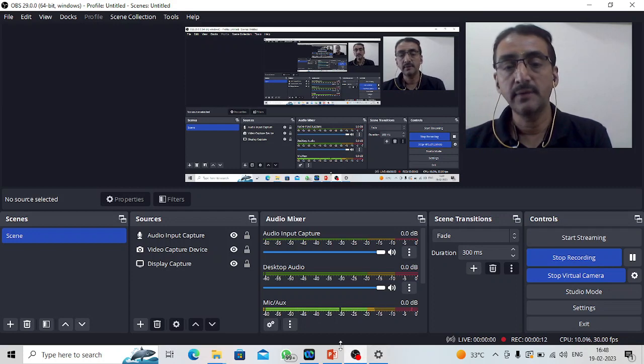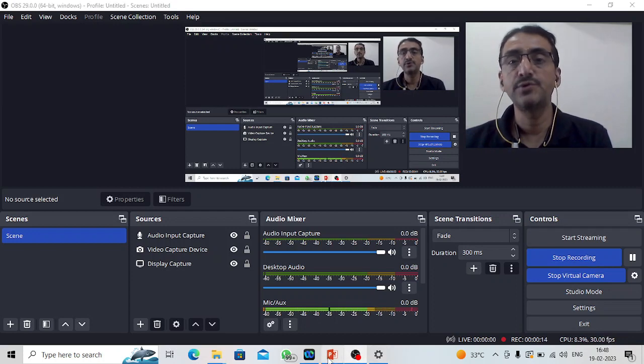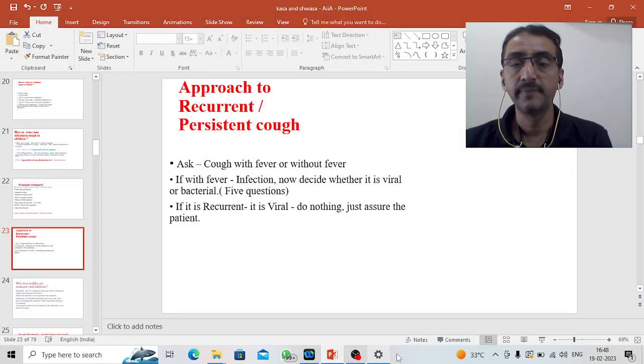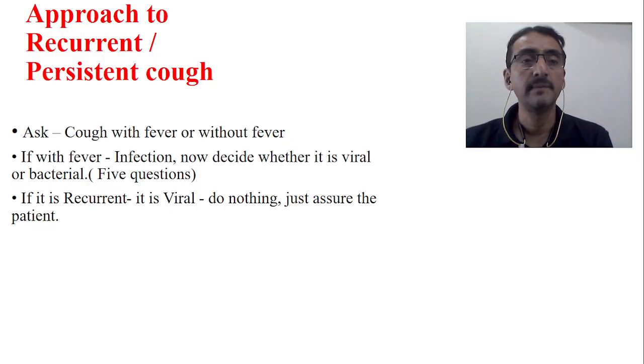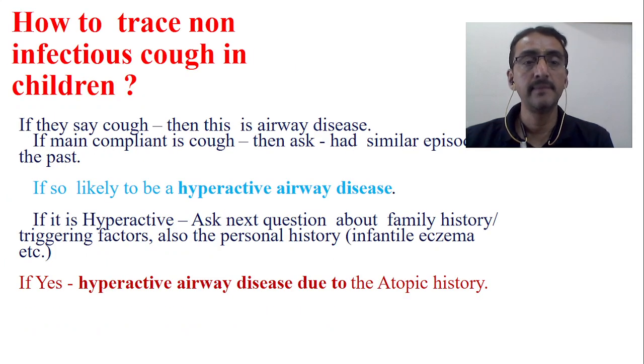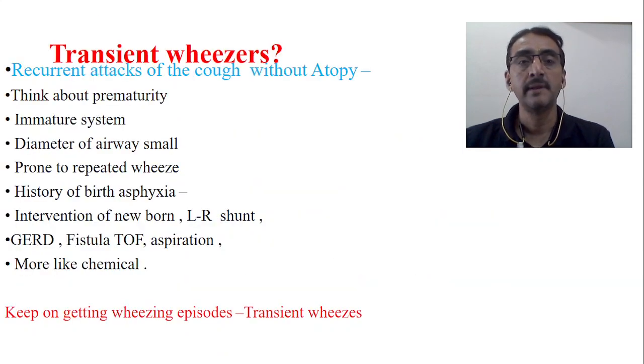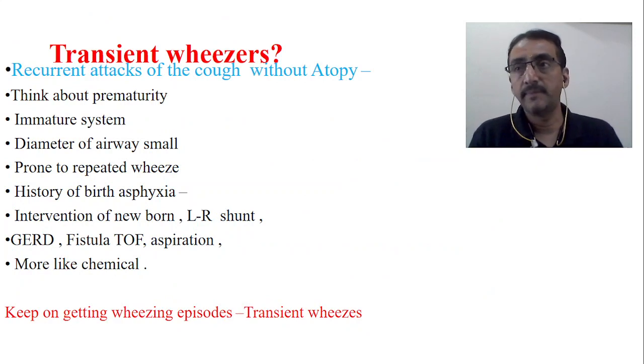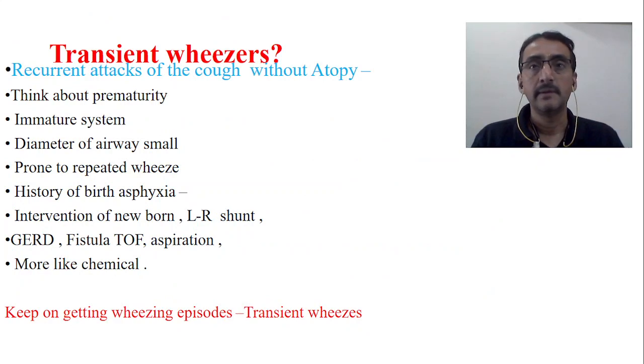In the last few classes, we are discussing approach to cough in a child. We have already completed two sessions on this, and now today we will understand the three important causes of cough, because we know that cough in children may be because of a bacterial problem, a viral problem, or an allergic problem.